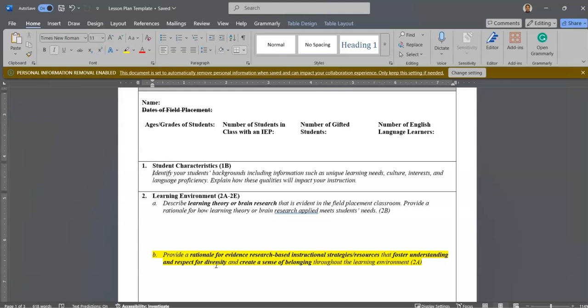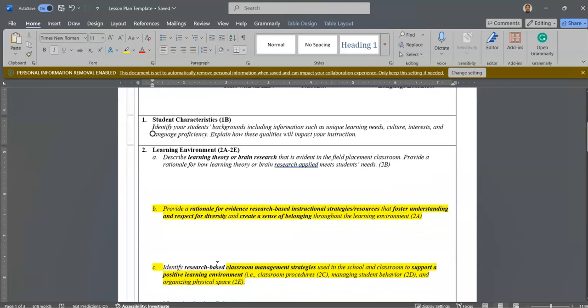And this is a great place to talk about UDL, right? Because what we're talking about here is diverse learners. So how are you using technology to present information, to engage students, and to allow students to demonstrate understanding in your lesson, specifically for diverse students? Okay, that's what you want to talk about here.